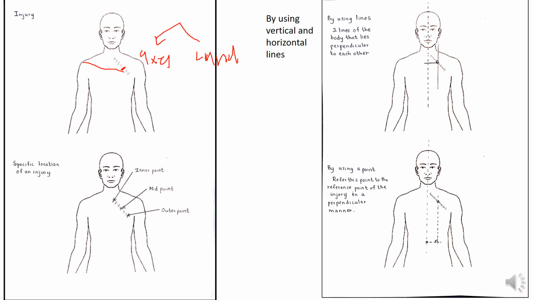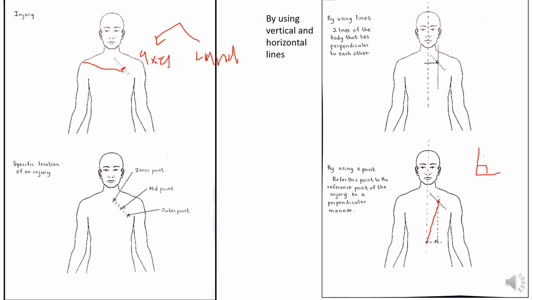Here I have taken the umbilicus. Now one can again question, why don't you describe the injury from the umbilicus to the reference point, that means the center of the injury, in a diagonal way? No, we are not going to do this. We always describe the reference point and other measurements in perpendicular lines.